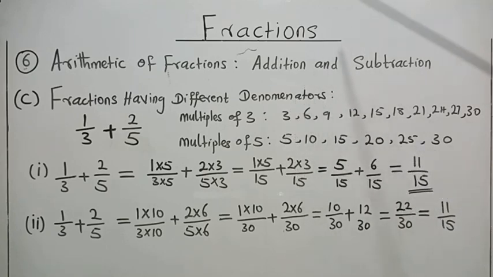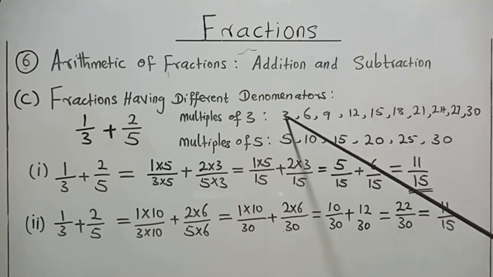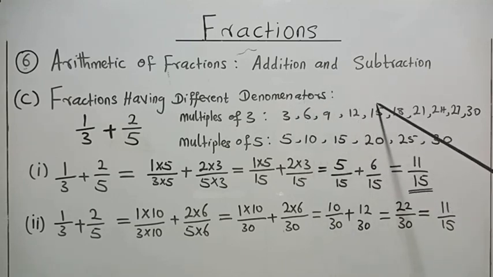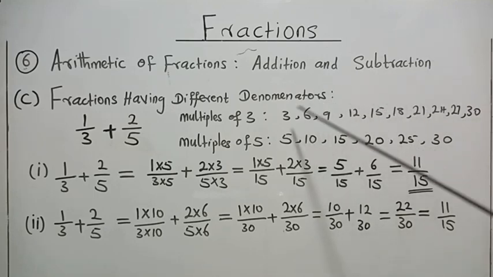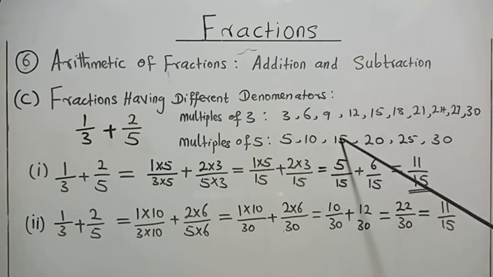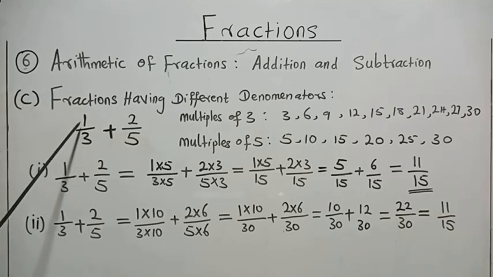Now we ask ourselves, what is that that multiplies this 3 to make it 15? It is 5. And what is that that multiplies this 5 to make it 15? It is 3. Therefore, we can actually upgrade this 1 over 3 to something over 15.